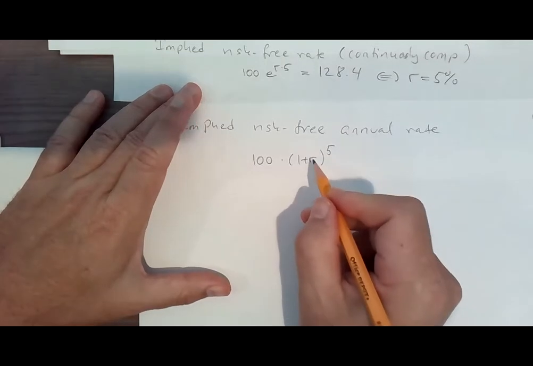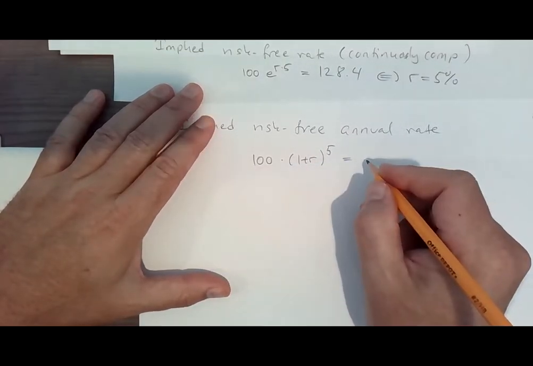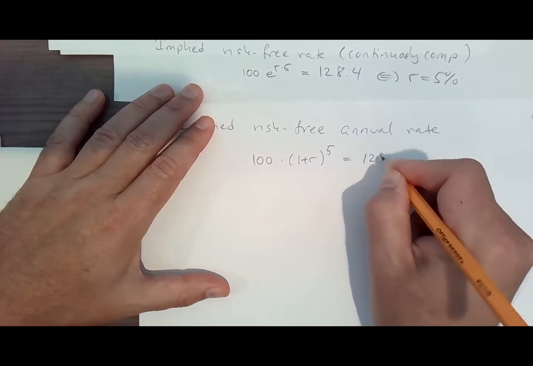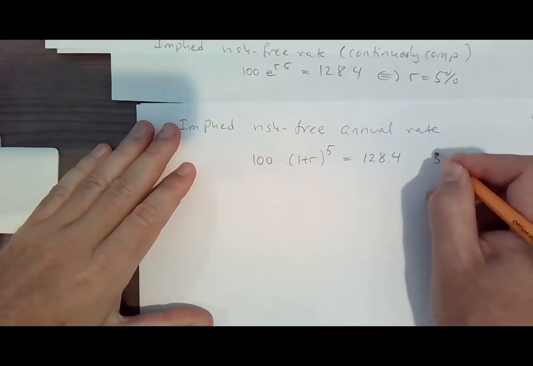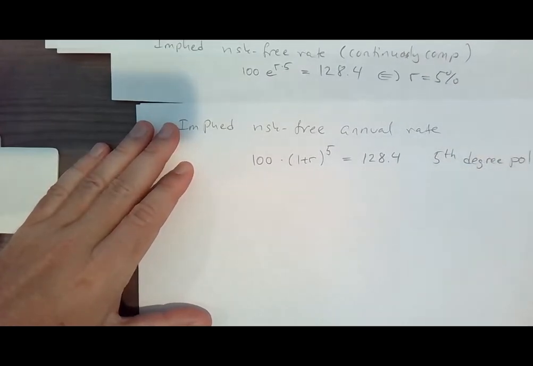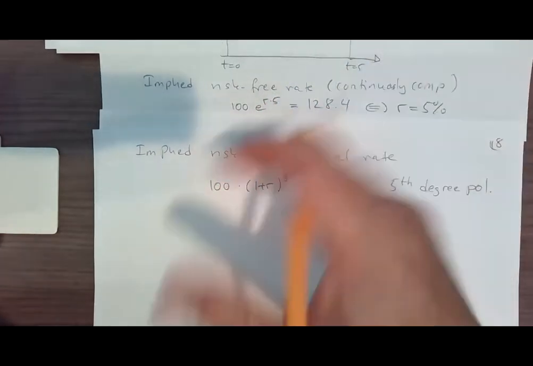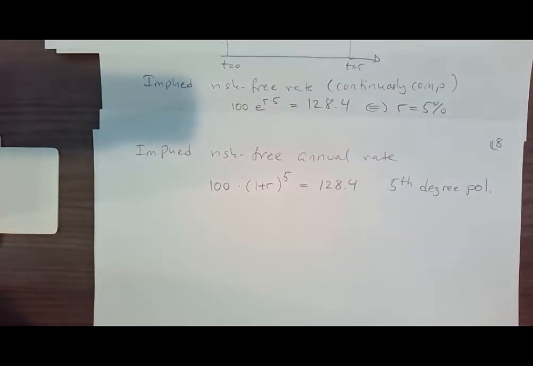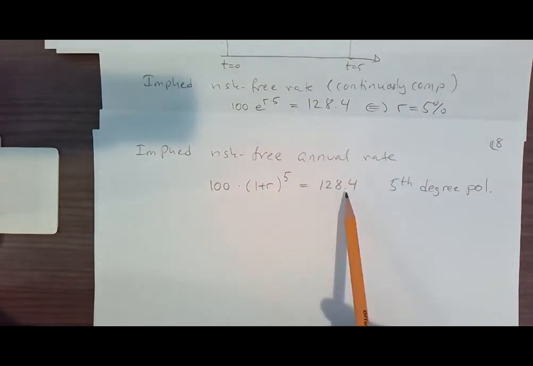You get r every year, you can put it in for 5 years, and you want to get this out as 128.4. But now this is much harder because this is a 5th degree polynomial, right? And the other one was much easier. So you're starting to get a sense of why we're working with continuous compounding, because solving this thing here is not particularly pleasant.